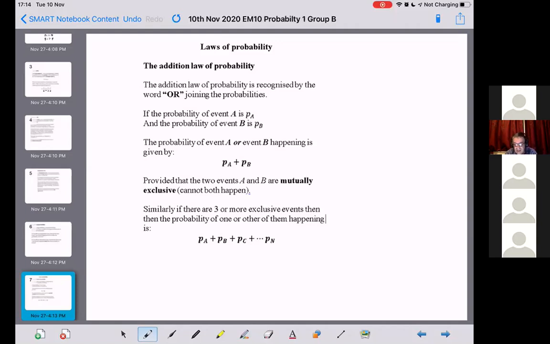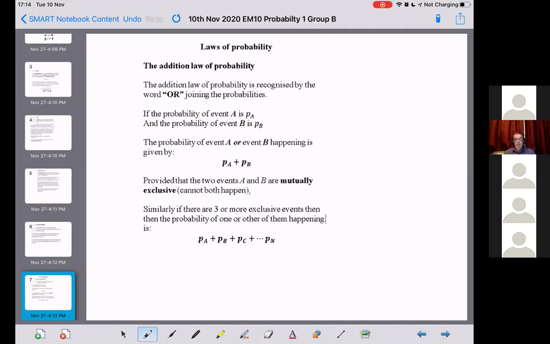They're added together, but they're mutually exclusive because you can't get both heads and tails at the same time. Same as you can't get both a 1 and a 2 on a dice. If we have 3 or more exclusive events, then just add the probabilities of all of them together, to get the probability of one or the other, or the third, or the fourth, and so on.